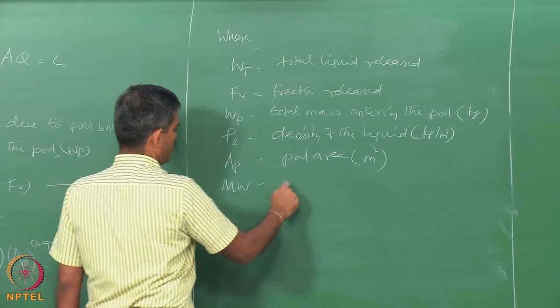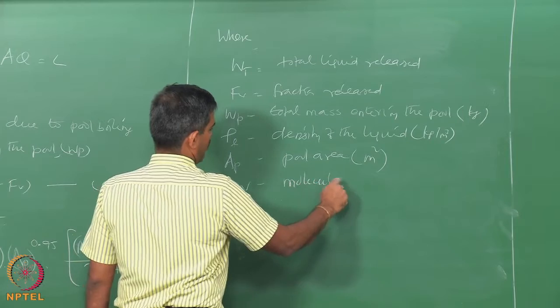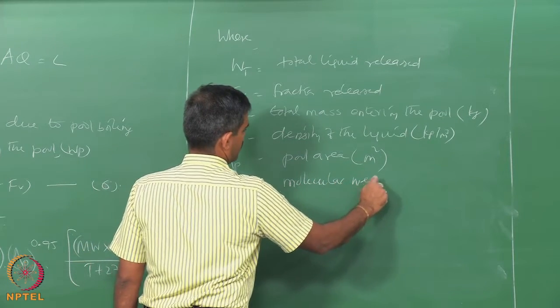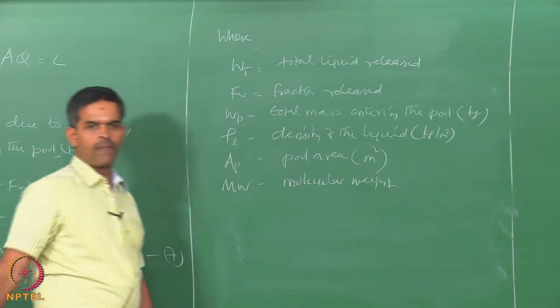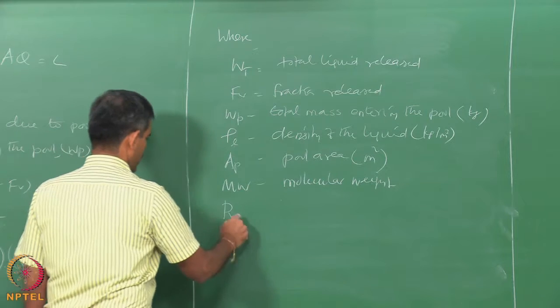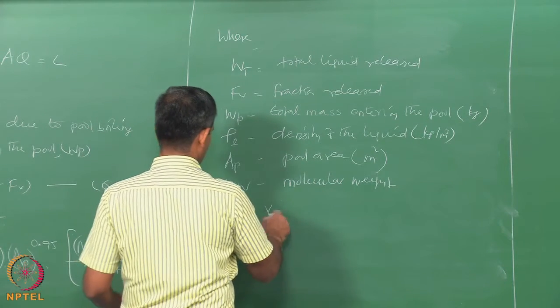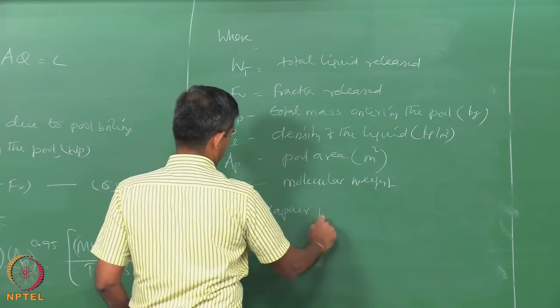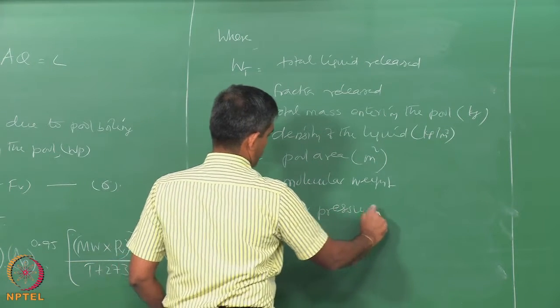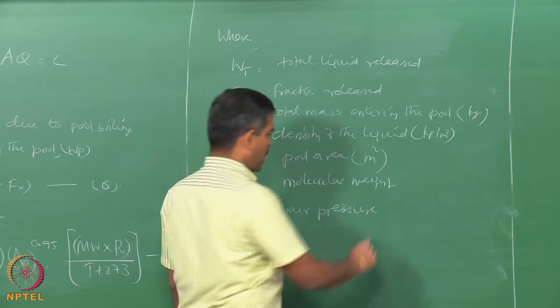Mw of course is the molecular weight of the material, and Pv is the vapor pressure of the liquid at pool temperature.